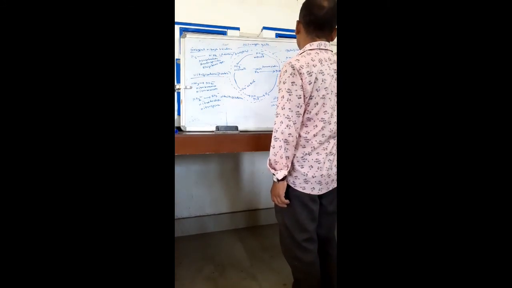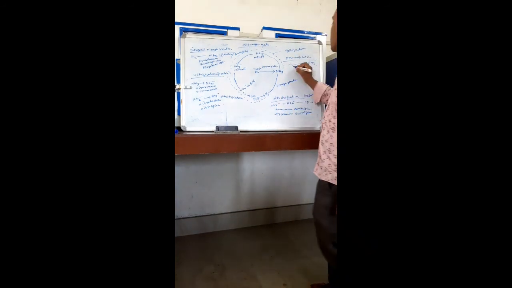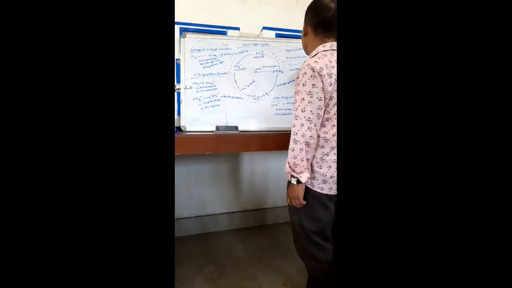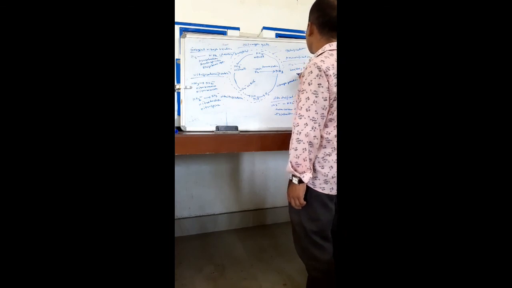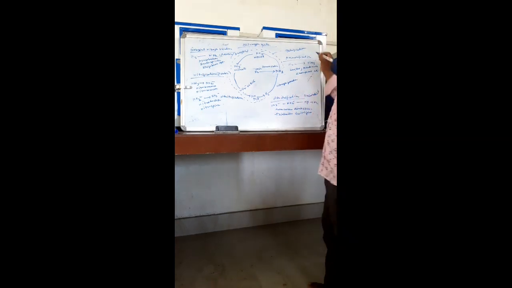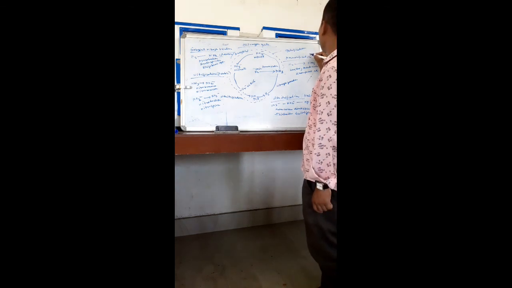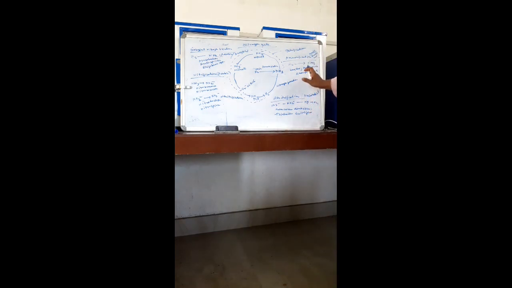The microorganisms involved are bacteria such as Bacillus, Pseudomonas, and fungi such as decomposers, etc. This process also takes place in both aerobic and anaerobic conditions. So this is the overall process of the nitrogen cycle.